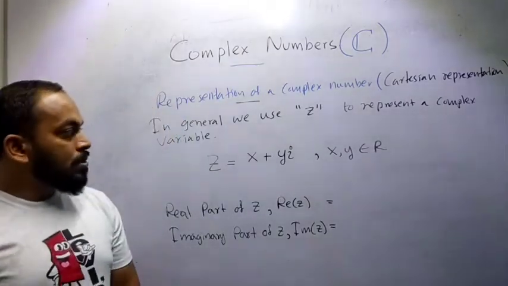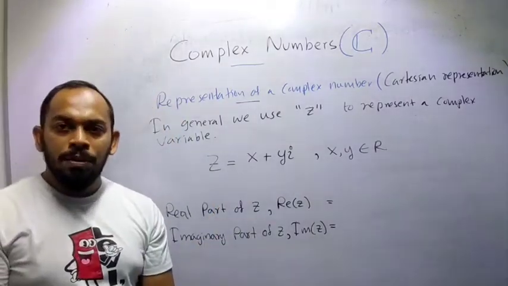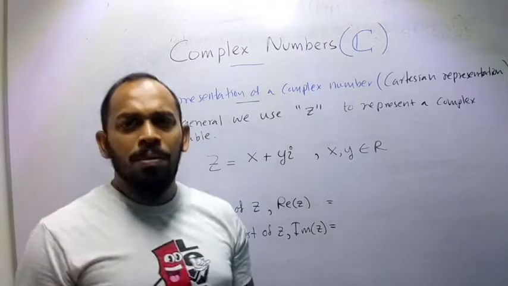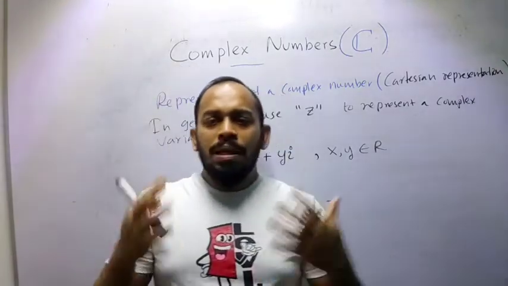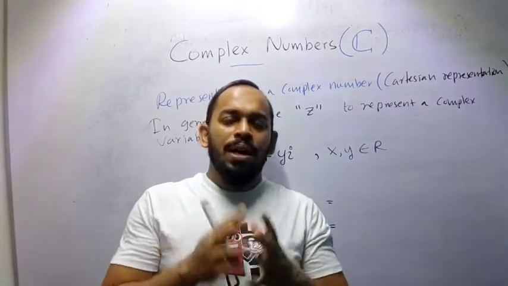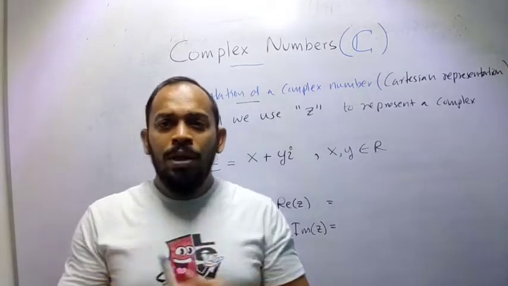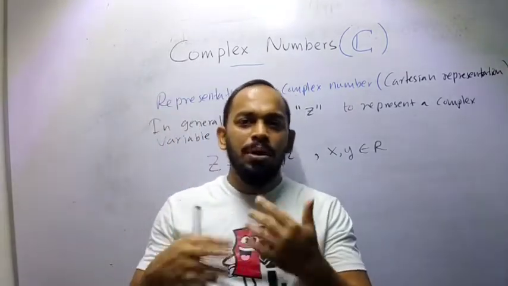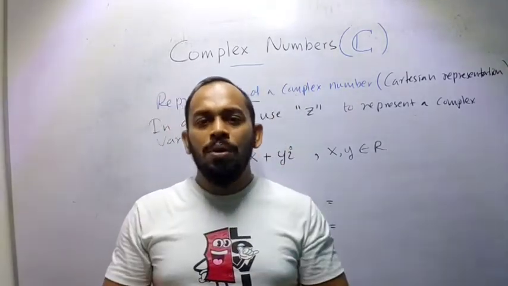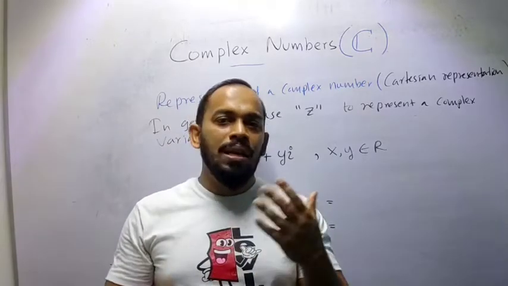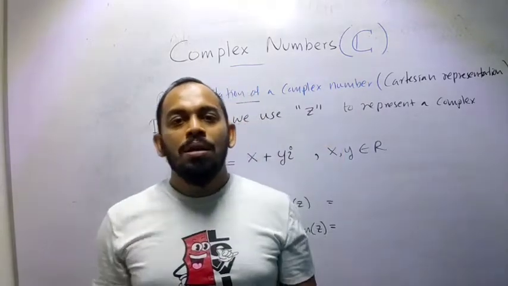So now let's try to represent a complex number. How do you represent a complex number? In mathematics we use x and y to represent real variables, maybe independent or dependent, whatever it is. We use them to represent real variables, v, x, w, s, t, and all.